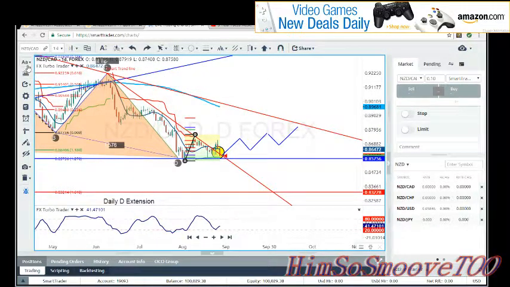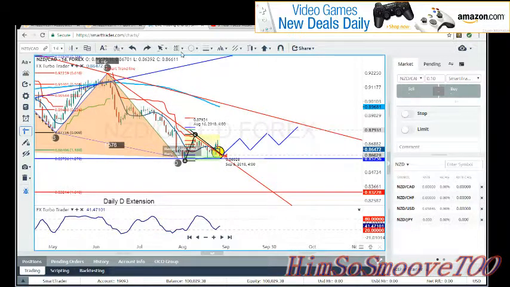If the market wants to go up in a sub A, B, C to D wave movement, that is, let's see here, that's 190 pips away.